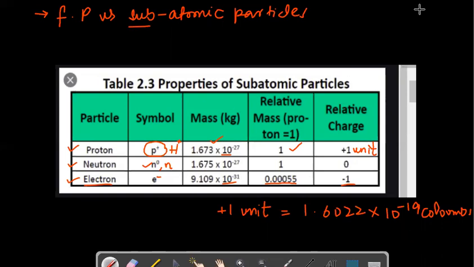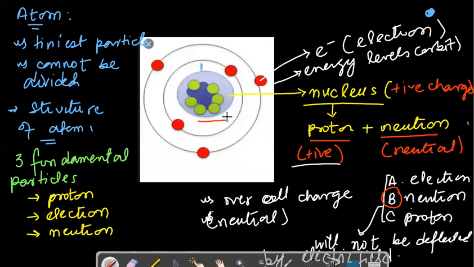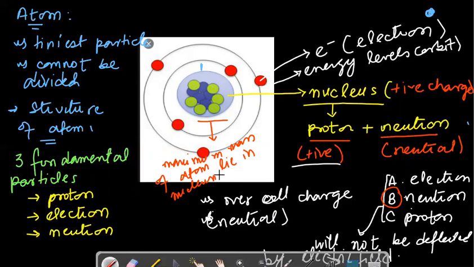Okay, here just keep in mind one thing I forgot to tell you previously, that the maximum mass of the atom lies in the nucleus. Although the nucleus is very, very small compared to the whole atom, like if you see a football ground, it's just a spot on the whole football ground.